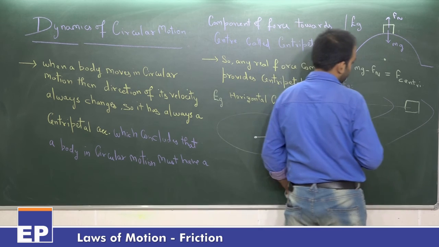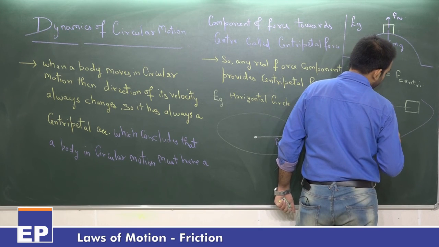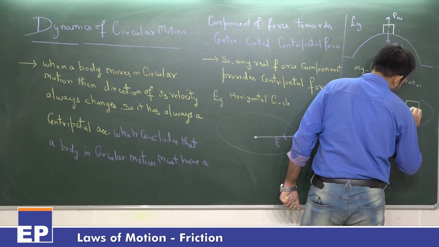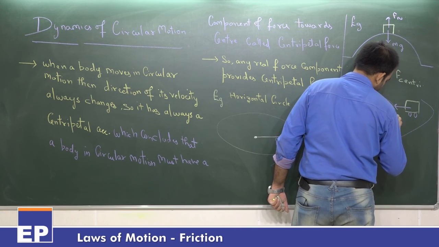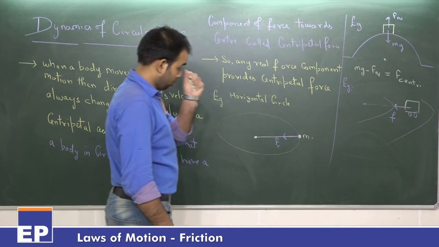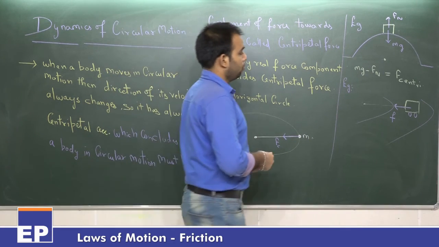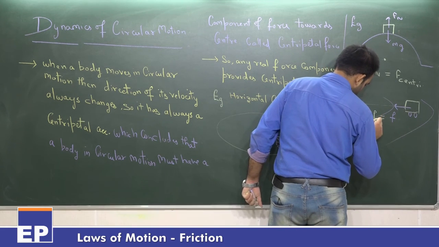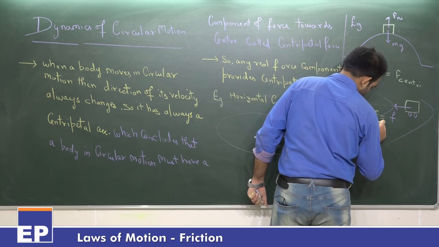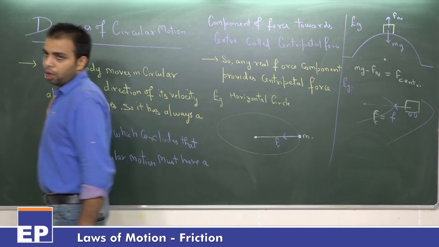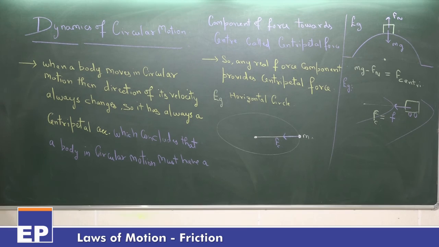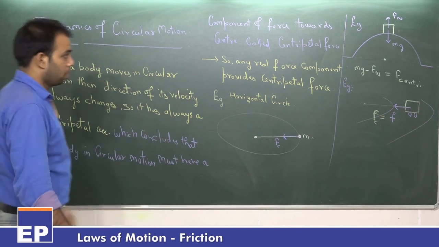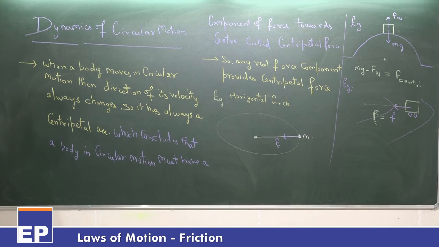If it is taking a turn and the center is at this position, we can easily judge it has a tendency to slip outwards, so friction will act inwards. This friction will act as centripetal force. F centripetal. Are you getting it? So any real force component will act as centripetal force always. Right? Write this down.